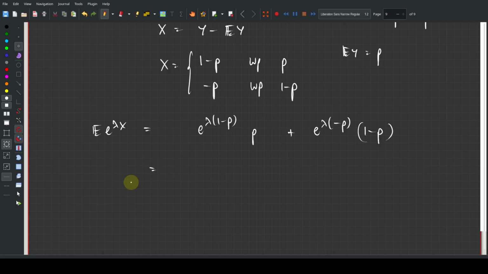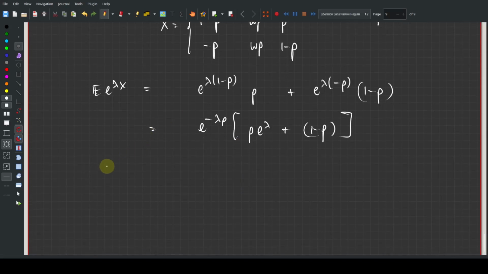So just take e to the negative lambda p outside: e to the minus lambda p times p e to the lambda plus 1 minus p. Okay, so this is the moment generating function.